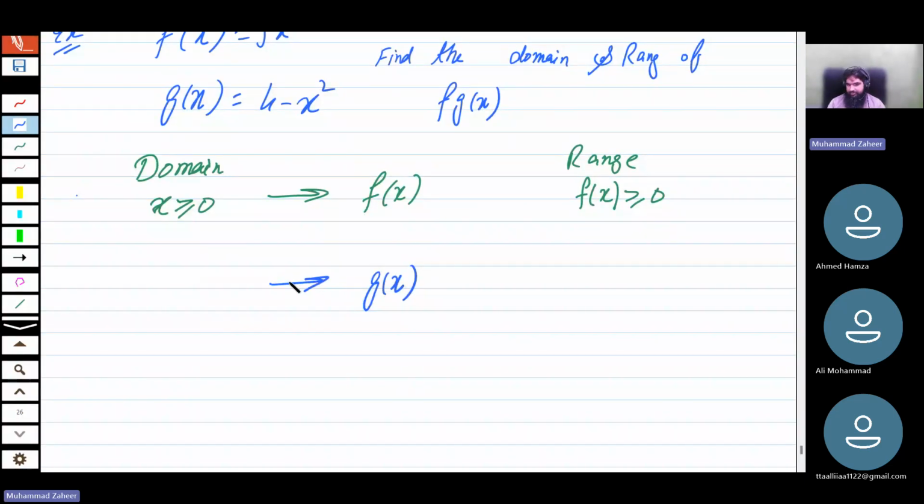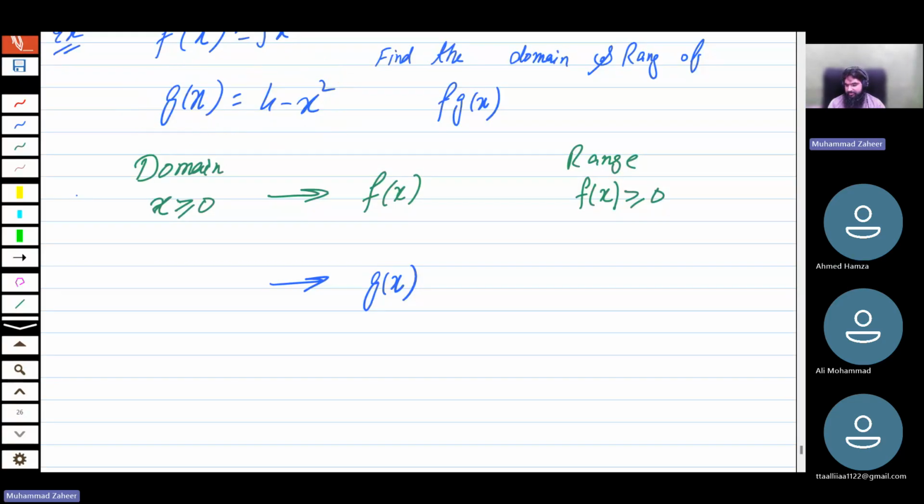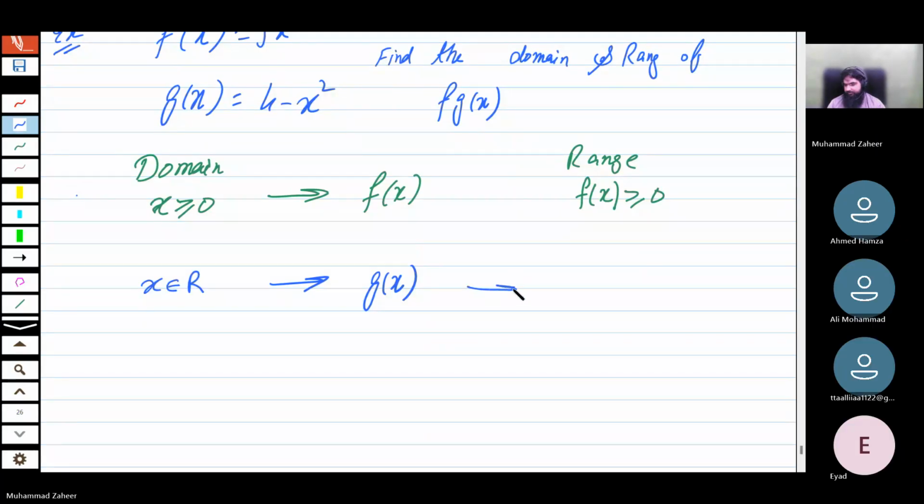What is the input of g of x? What is the domain of g of x? Any real values, meaning all real numbers. And what is the output, the range?